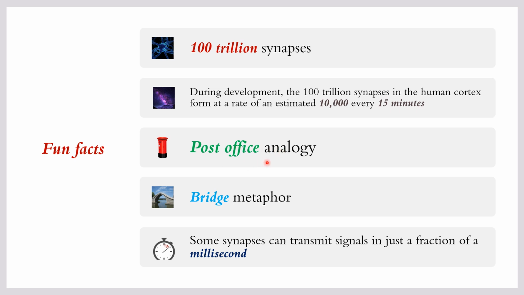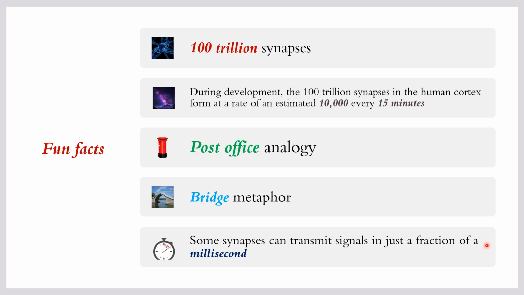The presynaptic neuron is like the sender, the neurotransmitters are the letters, the information is transmitted on the letter, and the postsynaptic neuron is the recipient. This can help us make this abstract concept more relatable.